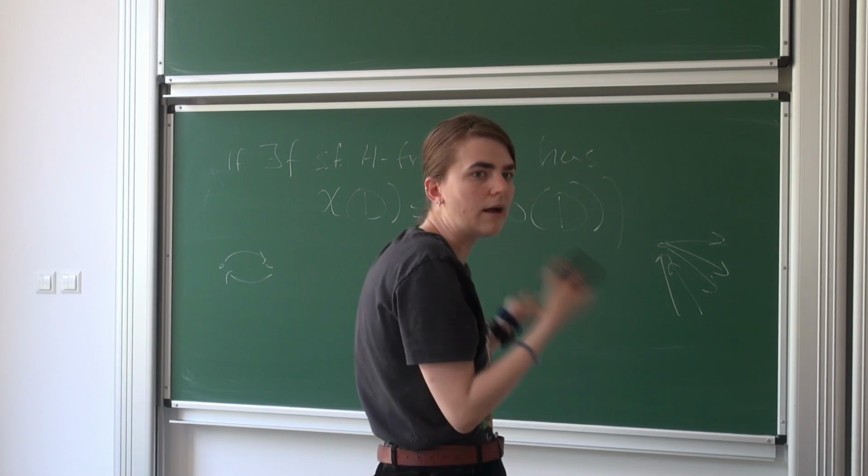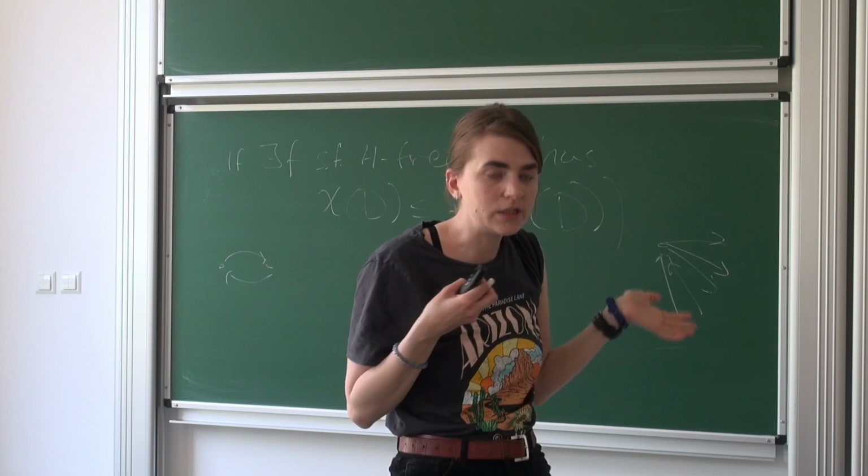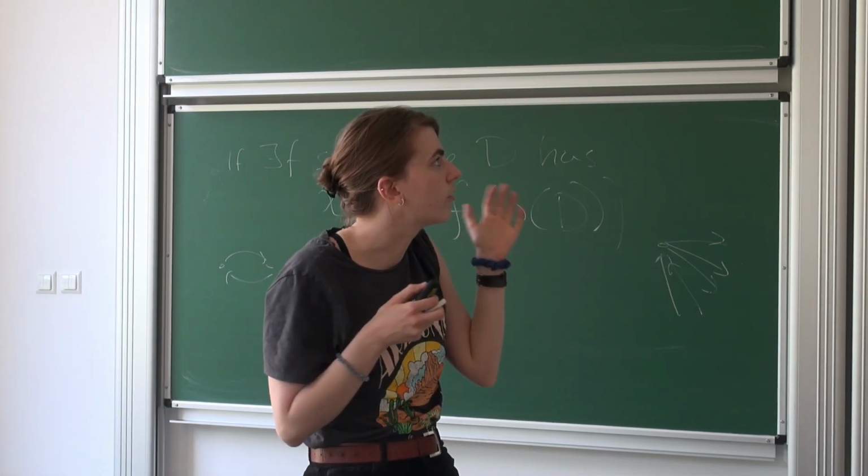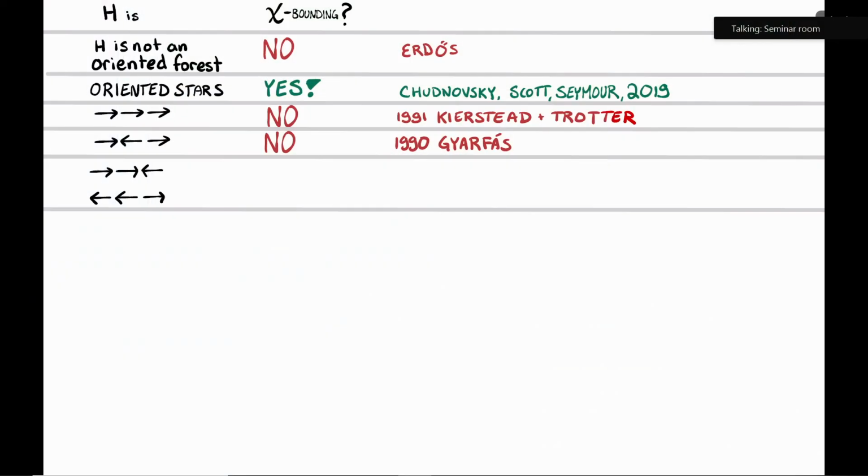In graphs, we conjecture that if we forbid any tree, you get chi-boundedness. For directed graphs, you already break down for paths of length 4. The first answer comes from shift graphs, and this is a result of Kierstead and Trotter, which I think is an adjustment of Tutte's graphs. What's a bit surprising is that for these two, they are in fact chi-bounding.